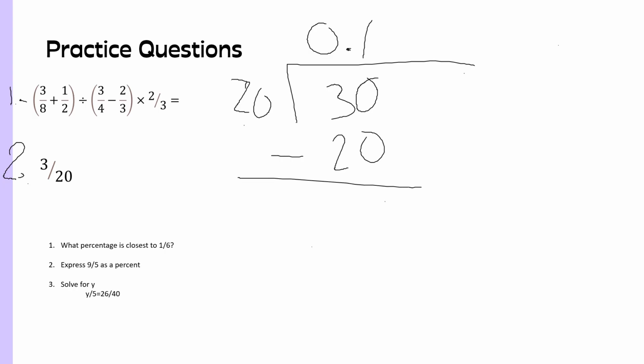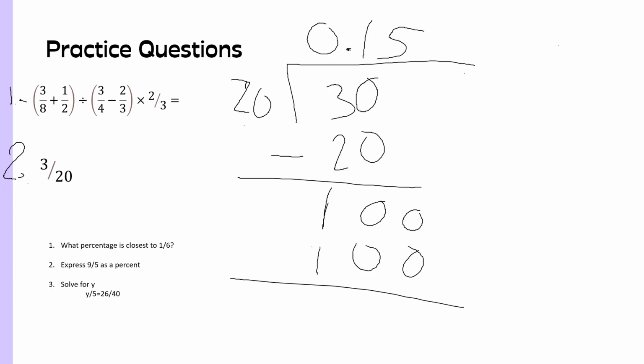Subtract 0, 3, take away 2 is 1. 20 into 10 we still can't, right? So what we do, add a 0. 20 into 100 goes 5 times. 20 times 5 is 100. Subtract, and that's the answer. So 3 divided by 20 is 0.15.